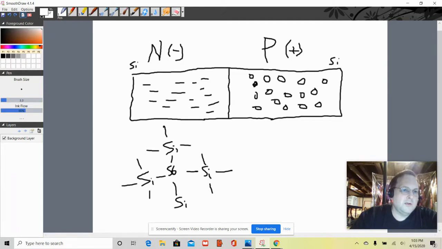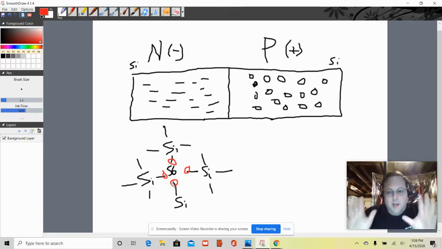So I'm using up 1 electron here, 1 electron here, 1 electron here, 1 electron here, because we're sharing. So I've used 4 electrons and I have 8 electrons in my outer shell. So I'm all happy right now, right? And all my silicons are happy right now.